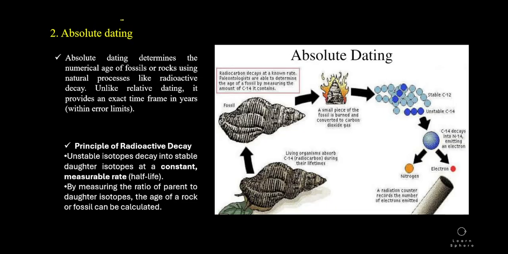Okay, relative dating basically provides the sequential arrangement, while absolute dating determines the numerical age of fossils or rocks using natural processes like radioactive decay. Unlike relative dating, it provides an exact time frame in years.